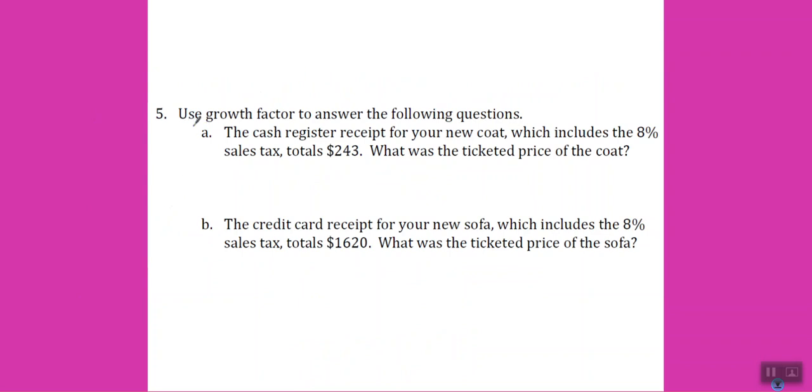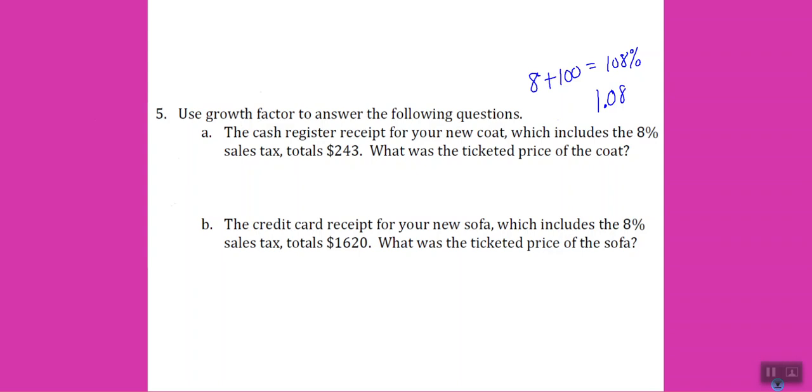For these, we're going to use a growth factor to answer the following questions. So, the cash register receipt for your new coat, which includes the 8% sales tax, totals $243. What was the ticketed price? So our growth factor, 8% plus 100, 108%, which would be 1.08 as a decimal.